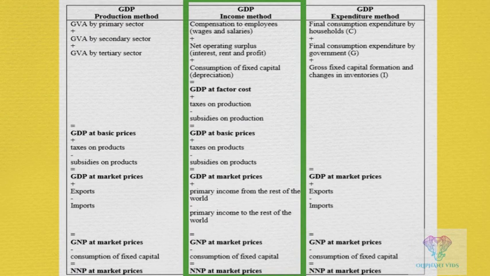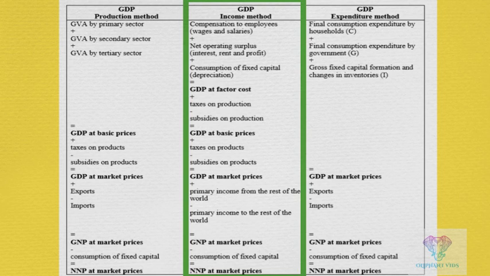This is in the form of gross salaries as well as wages, plus the net operating surplus. This is usually the profit that a business is going to make, plus consumption of fixed capital. This is your depreciation over time of the fixed capital that is being used, which will give us GDP at factor cost.